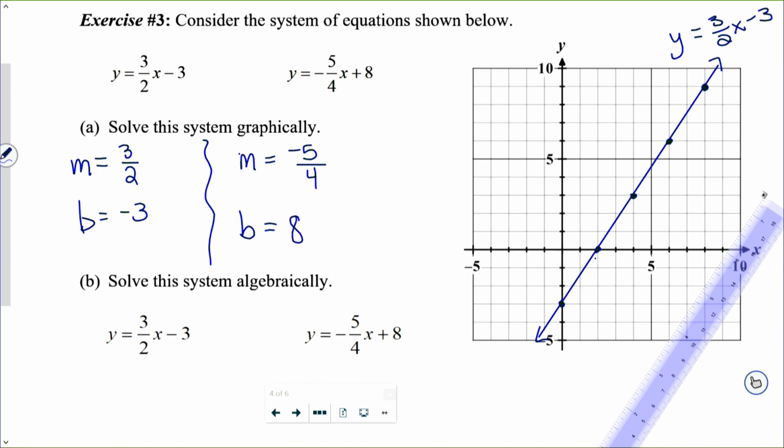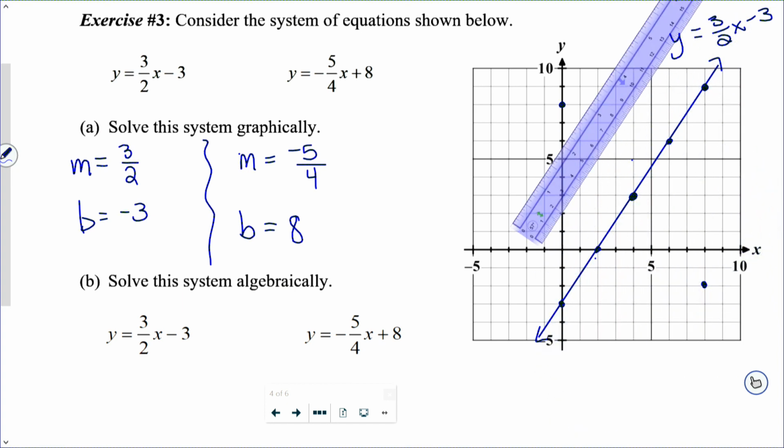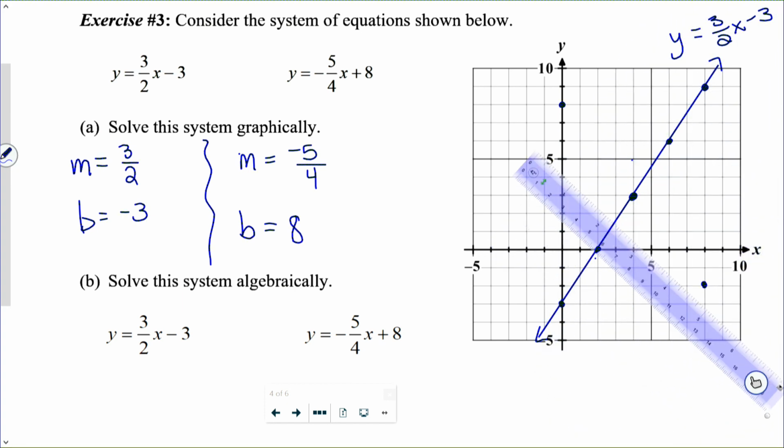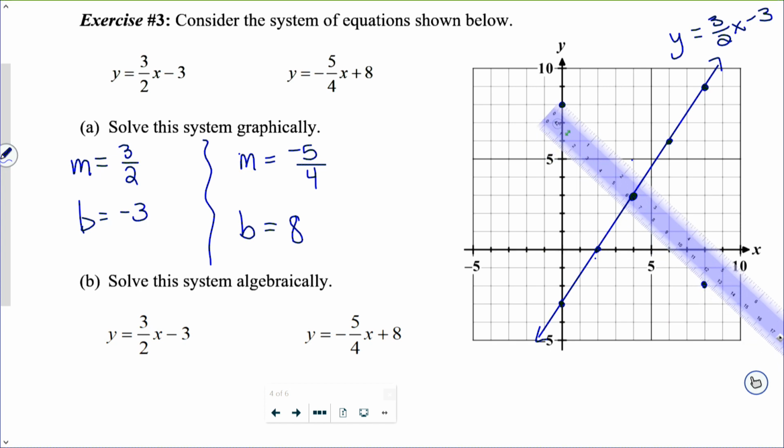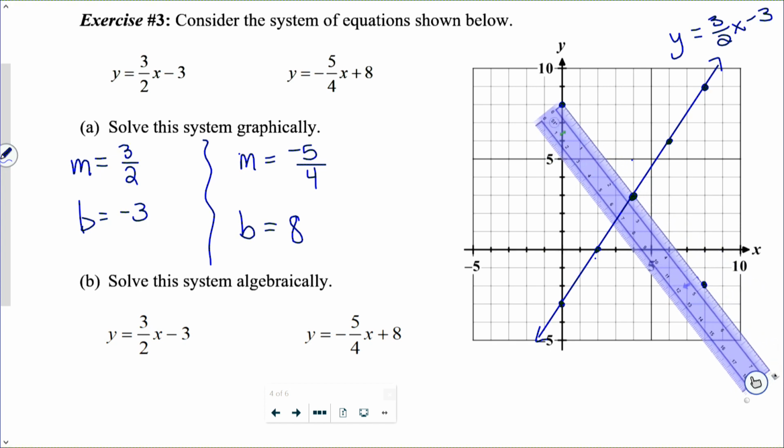So I'm going to go up to a y-intercept of 8. I'm going to go to the right 4 units, down 5. Right 4 units, down 5. That'll be enough. Let's bring it up here. Rotate my ruler.